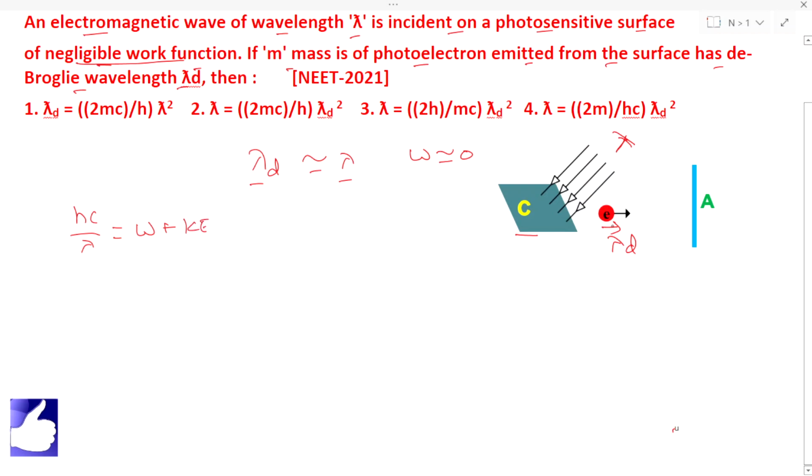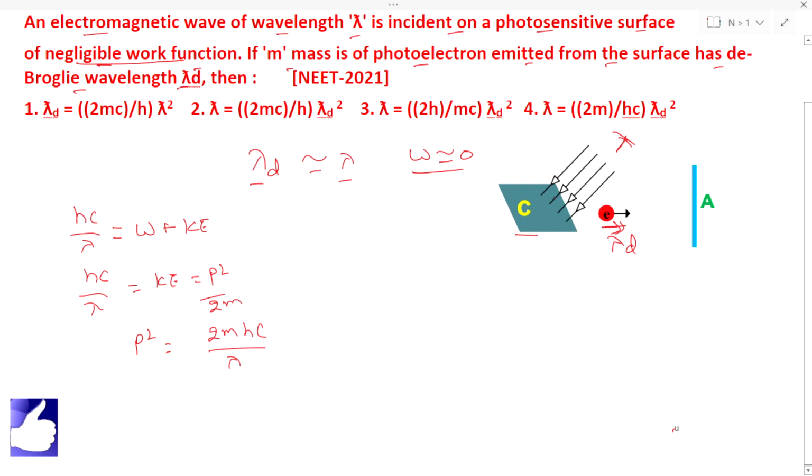But the work function is almost 0. That means hc/lambda equals KE, and KE can be written as p^2/2m. So p^2 = 2m hc/lambda.